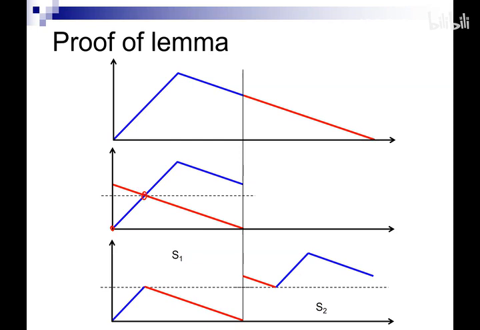Now you see that both of these sequences are bitonic. S1 is bitonic because it increases up to this intersection point and then it decreases. And S2 is bitonic because here the blue part has an increasing part and then it starts decreasing. This red part here is the beginning of the red part over here.